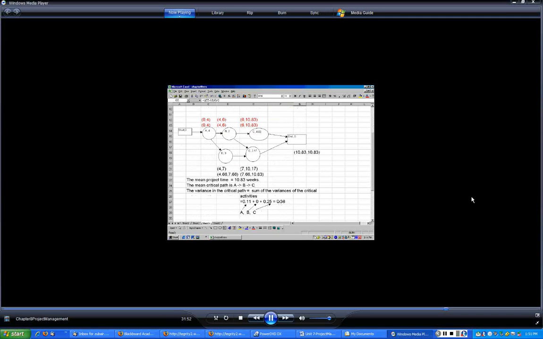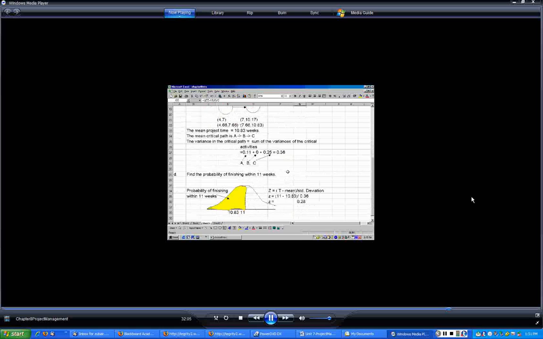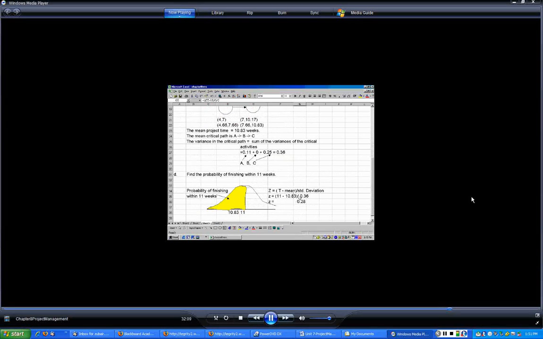This is the variance. You should not add the variances of D and E, because the critical path controls the length of the project. That's why we take only those variances into consideration. So that is 0.36. The standard deviation is going to be the square root of that, so let me put the square root here.